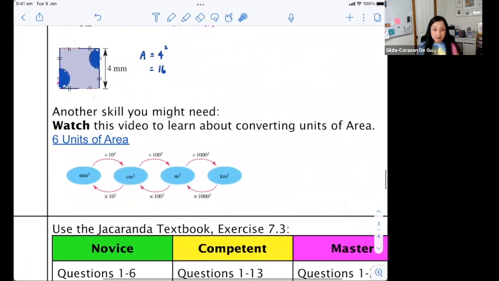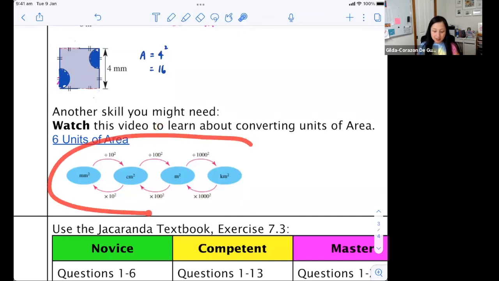The other thing that you might need when you're talking about areas of shapes could also be that some of the shapes would have different units, and therefore another skill that you might want to build on would be to figure out how to convert between units of area. Okay, so I've got there the video for you to learn that.